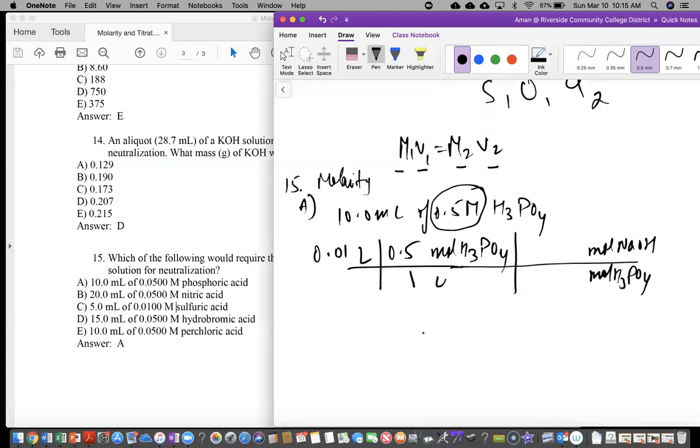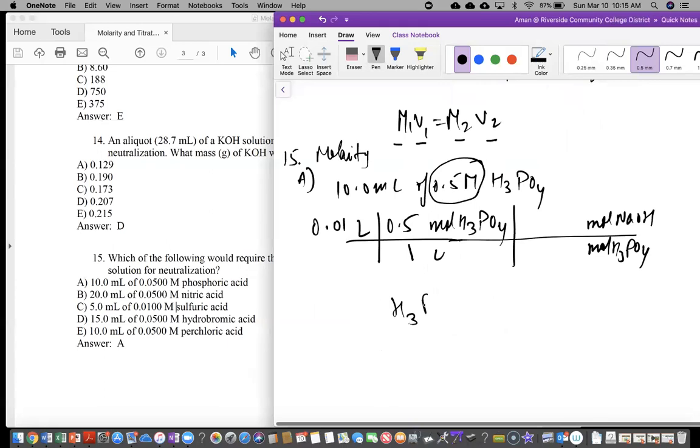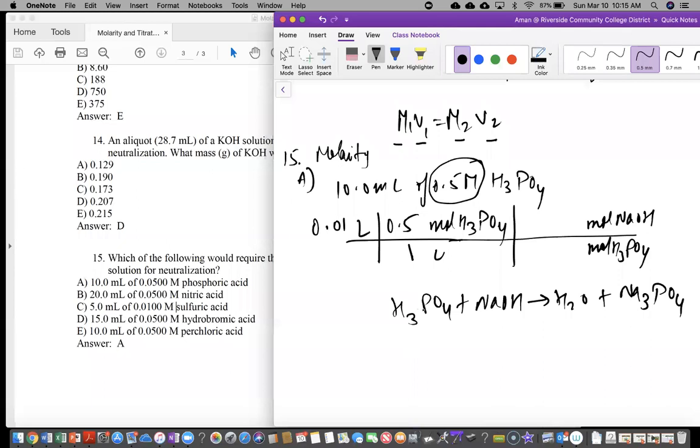If H3PO4 reacts with NaOH, it gives you water and Na3PO4. This is the chemical equation we talked about in class when you combine acid and base. Remember, you can exchange the partner. So hydrogen will take the OH, and that's why water is there. Na takes PO4, that's why Na3PO4 is made.